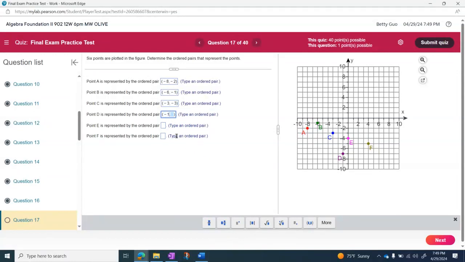Point E is right where it is, here on the y-axis: 0, comma -4. F is in quadrant 4: 4, comma -5.